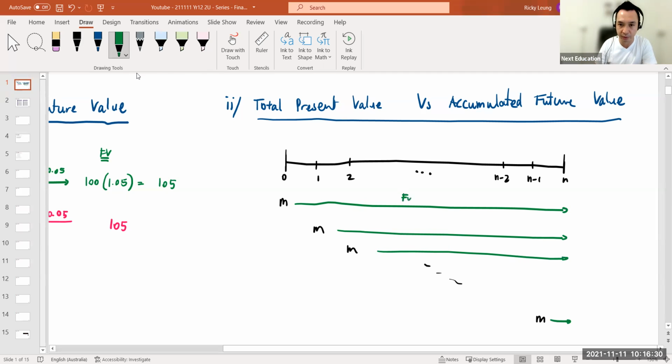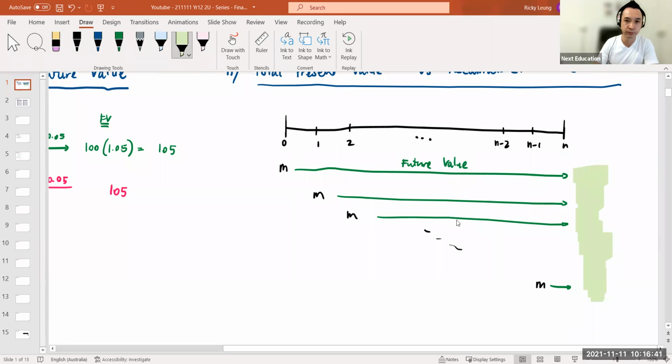This is called future value. So I future value all my payments, and if I total it out, that gives me a total accumulated value. If you had to label that, this is an accumulated future value.